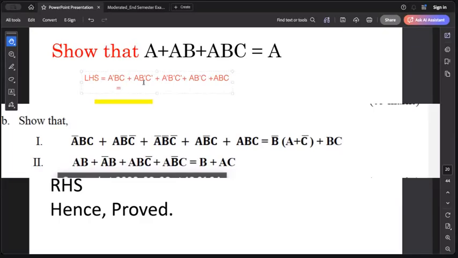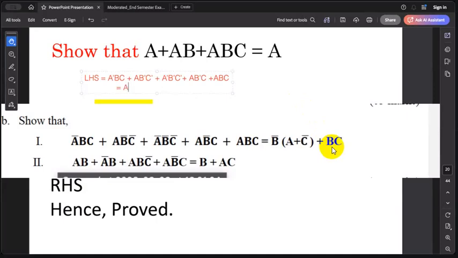So we see some common values, not the common expression, but some common values. Like there is B here, B here. We have A bar here, A bar here. And we could see in the final equation also. So we will just organize how we can simplify them, right?